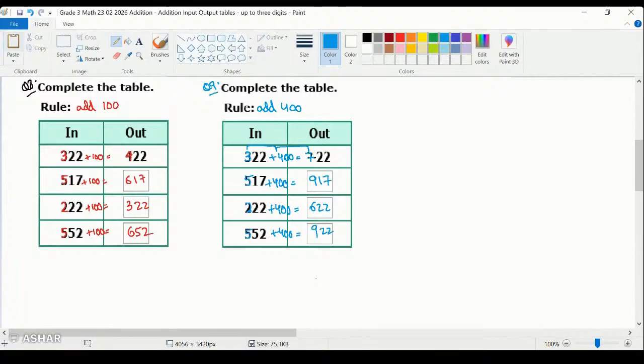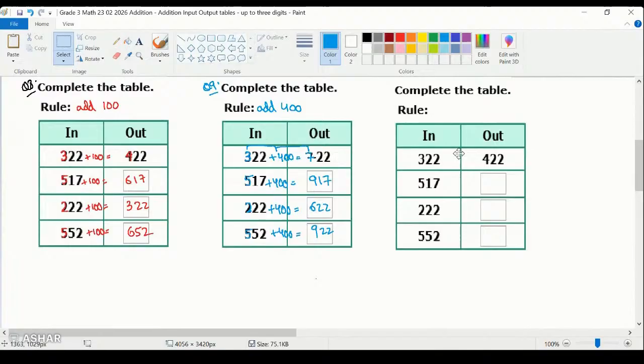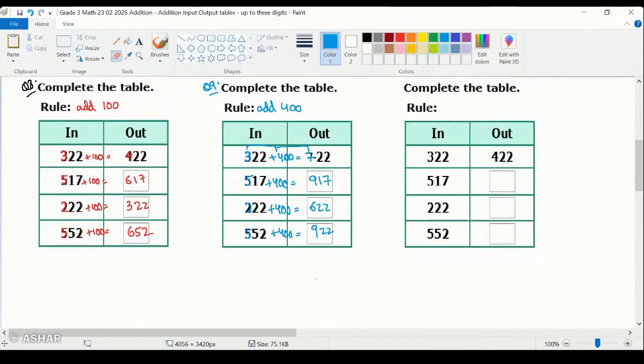Okay. Let me change the question. Let me change the rule. If this becomes 552 plus 400, right?